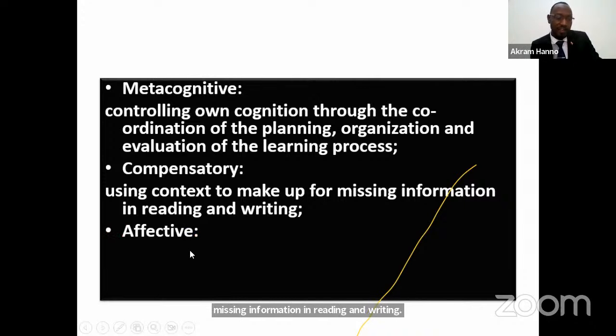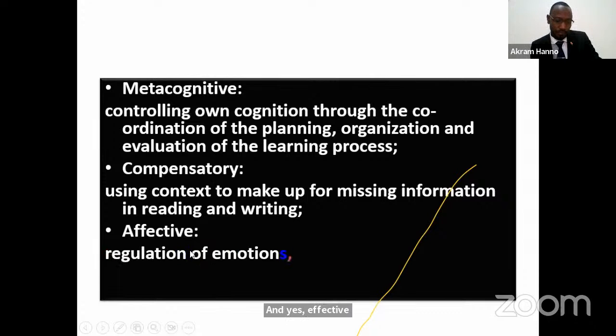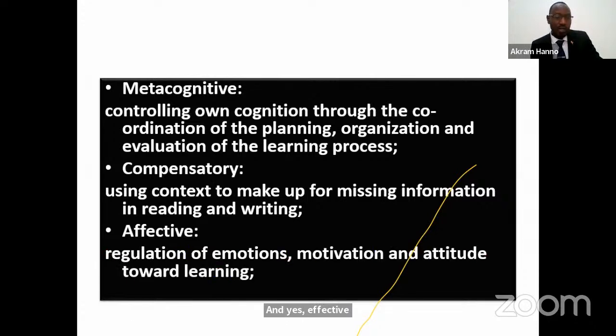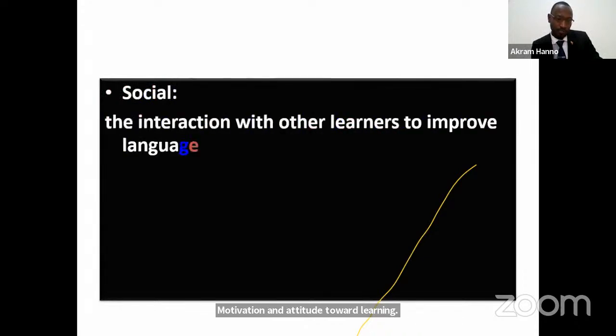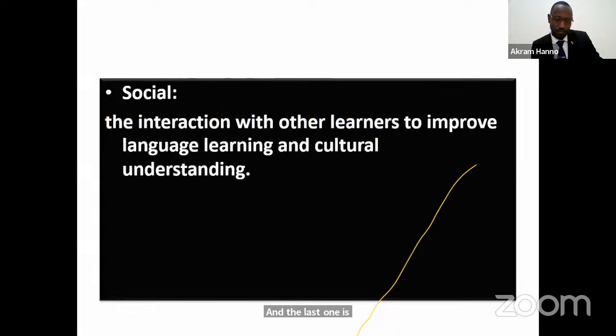And yes, affective: regulation of emotions, motivation, and attitude toward learning. And the last one is social: the interaction with other learners to improve language learning and cultural understanding.